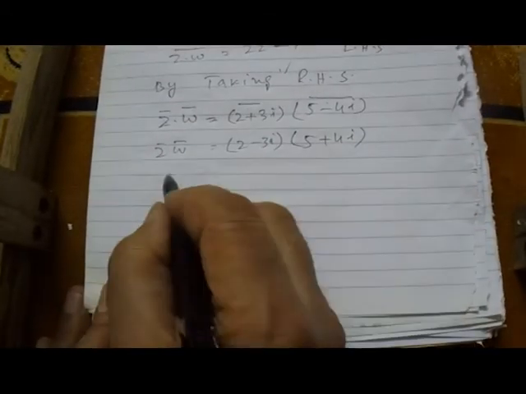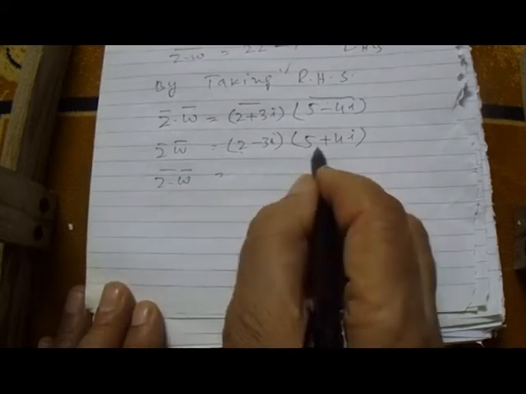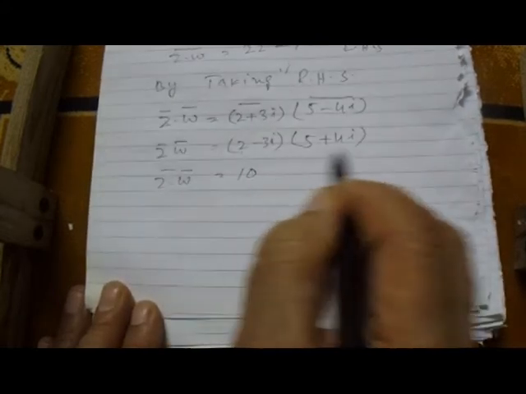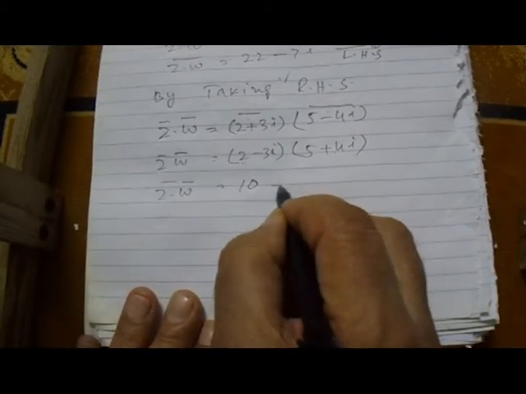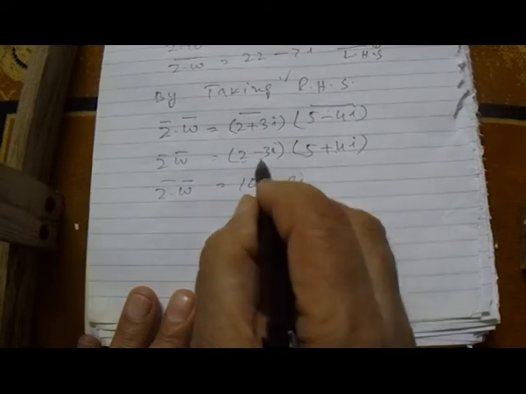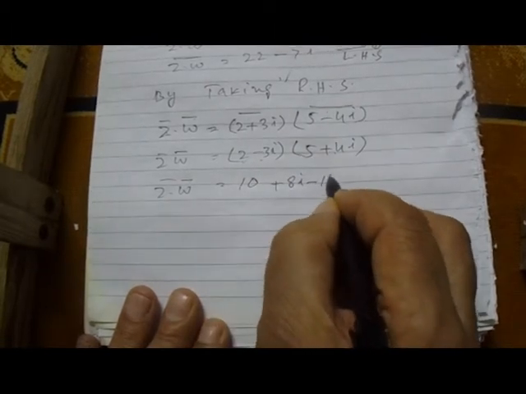Now we will multiply this z bar into w bar. We multiply: 2 times 5 is 10, and 2 times 4i is plus 8i.